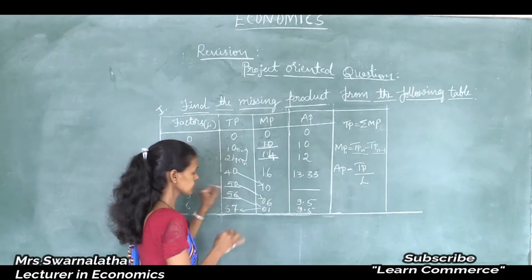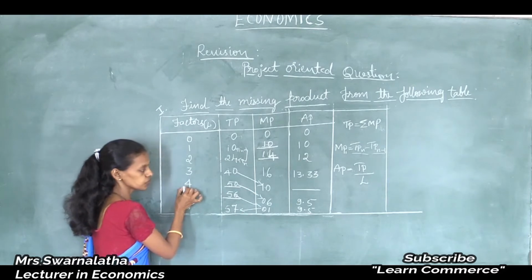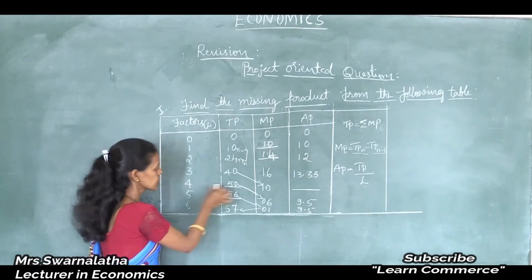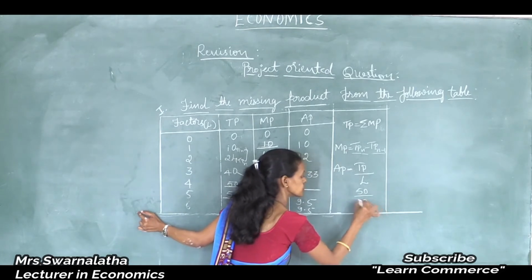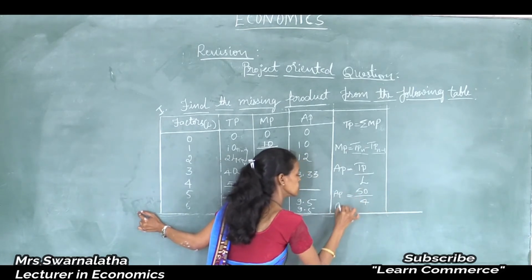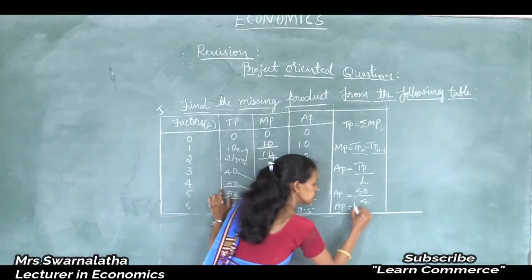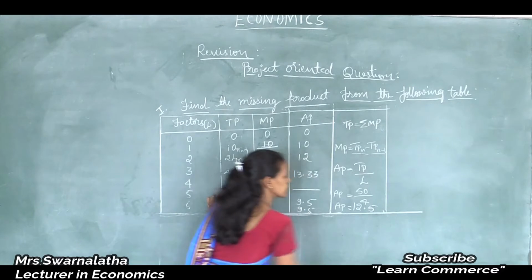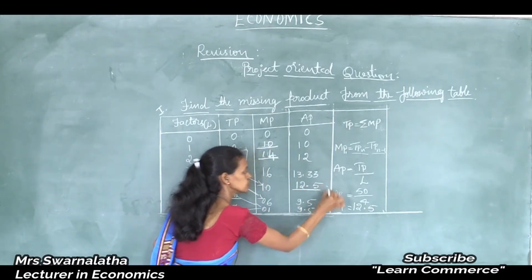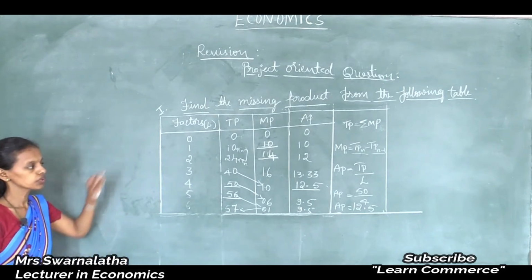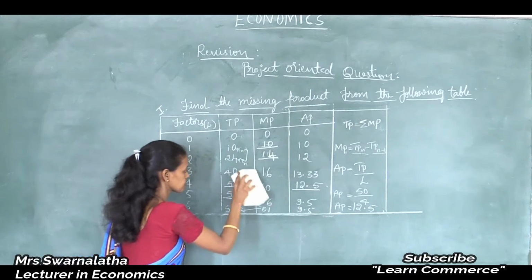Here 50 is the total product, AP is equal to 50 by 4, that is 12.5. So now you can see the missing products in the table.